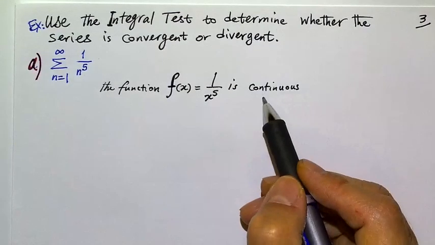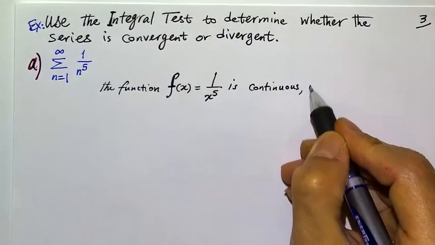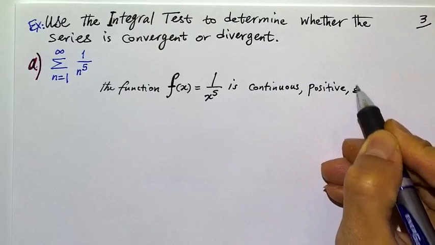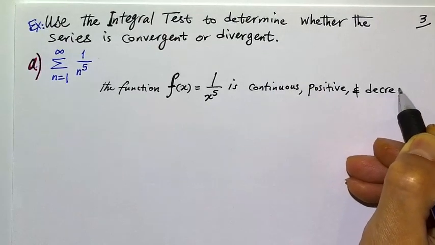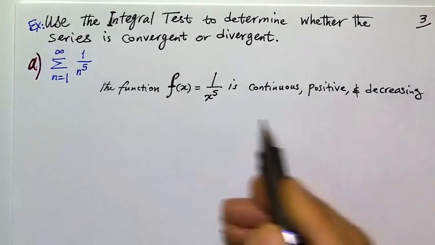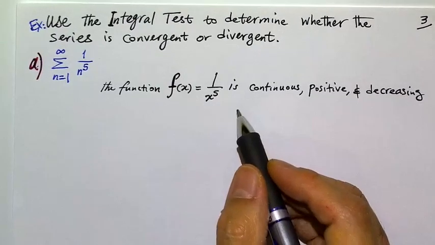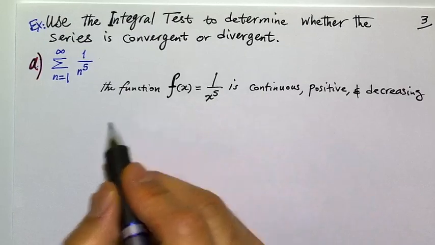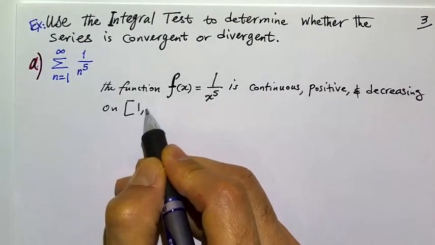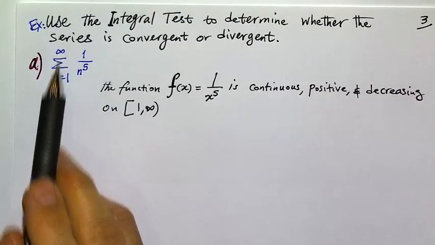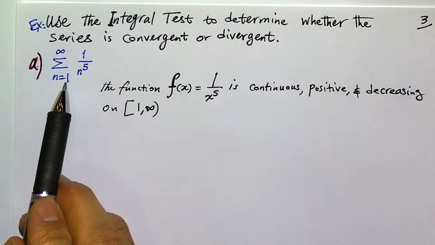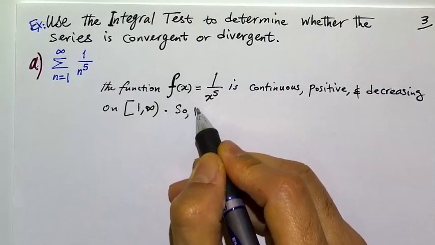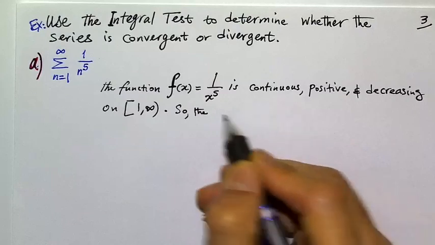So over this interval, this function is continuous, positive, and decreasing. It meets all those three conditions for us to be able to apply the integral test on this interval, 1 comma infinity, which matches that n going from 1 to infinity. So the integral test is applicable.